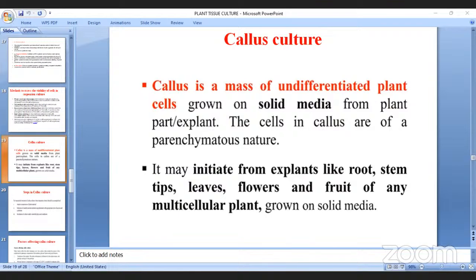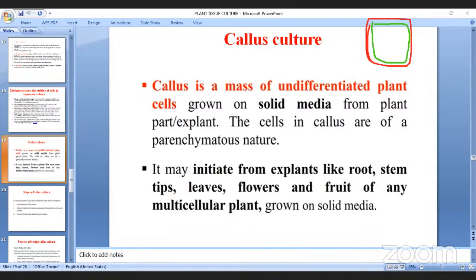First of all, what is the protoplast? Where is it? This is the plant cell. Next is the green color plasma membrane.